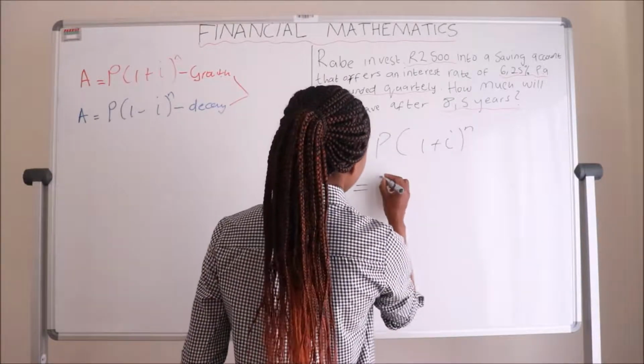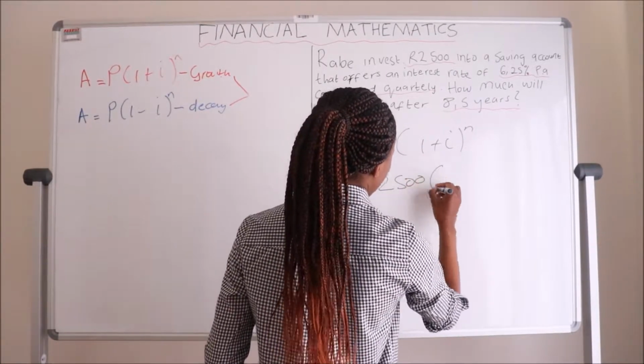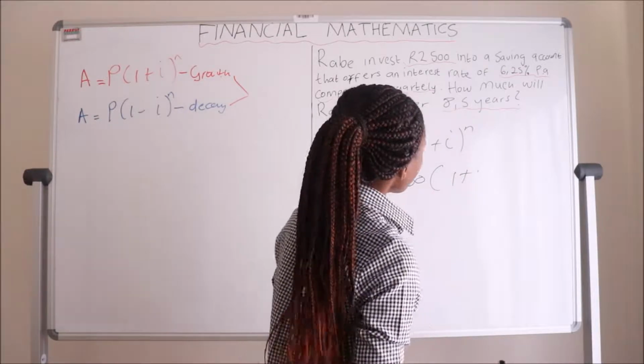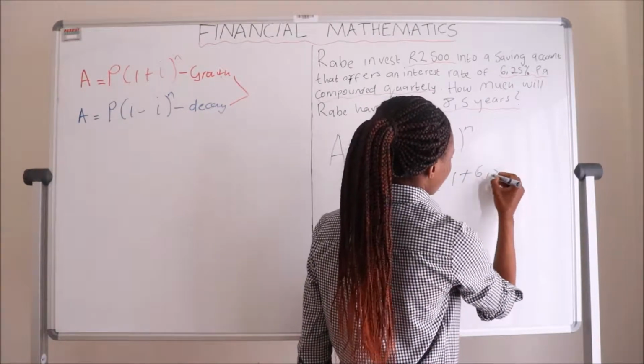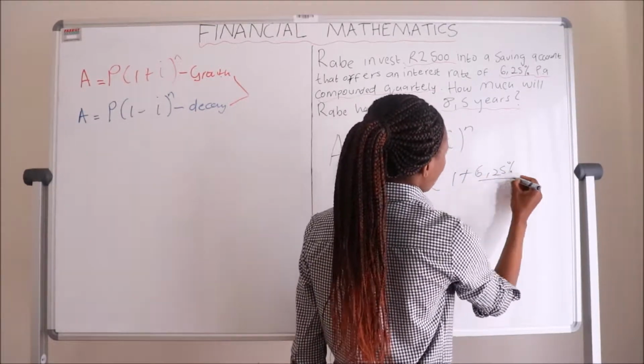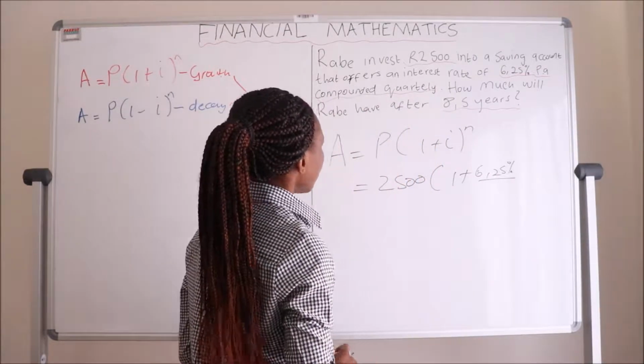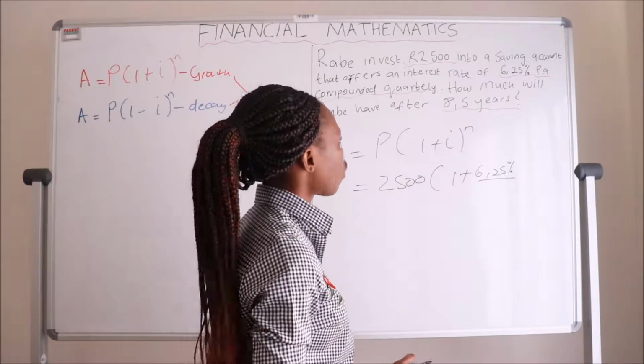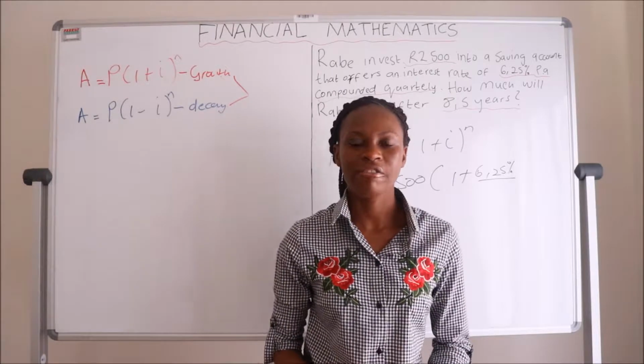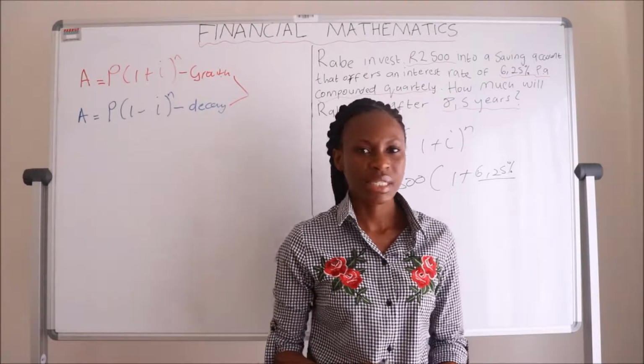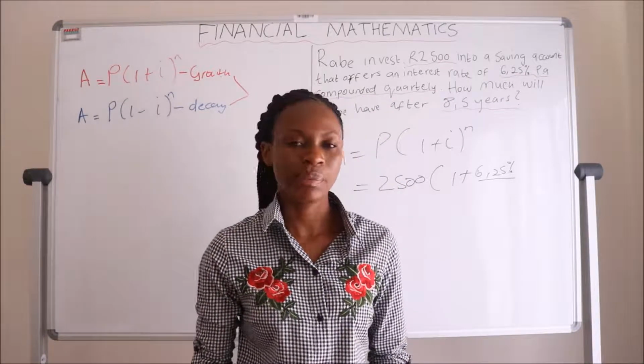Here we have 2,500, our principal amount, times 1 plus I, where the interest rate is 6.25% divided by 4. The reason is that the interest rate is compounded quarterly, and we have 4 quarters in a year, so we divide the interest rate by 4.